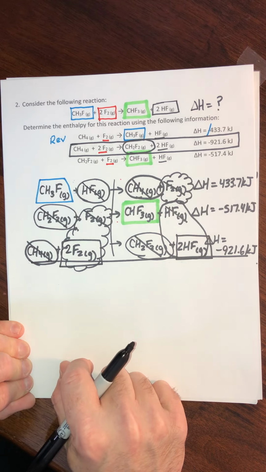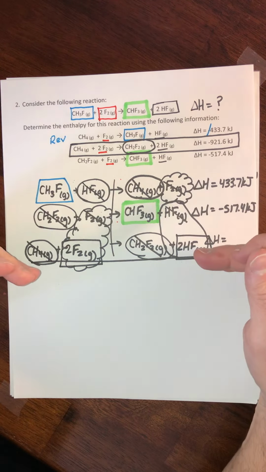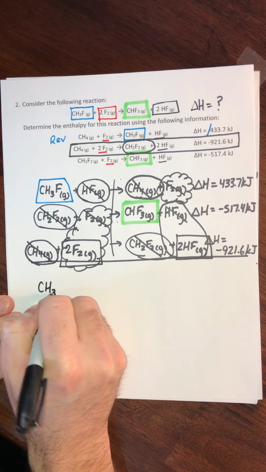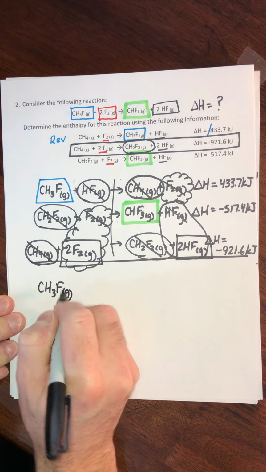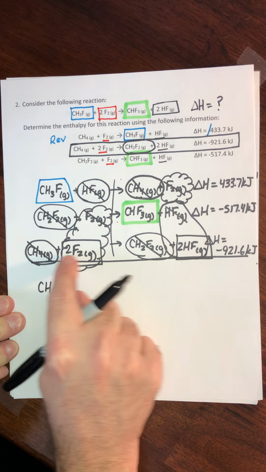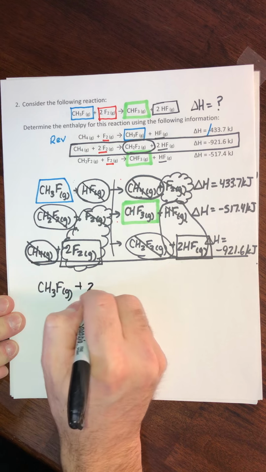So now if we actually add up what we have left, I have a CH3F gas, canceled, canceled, canceled, canceled, and I have 2 F2s.